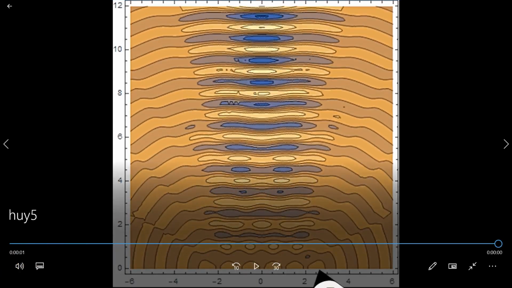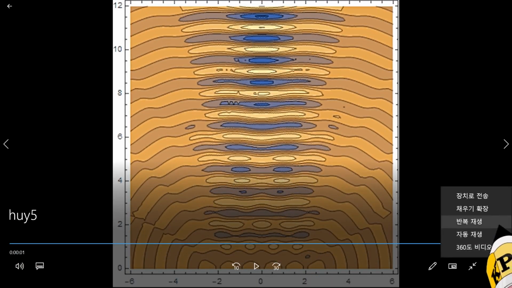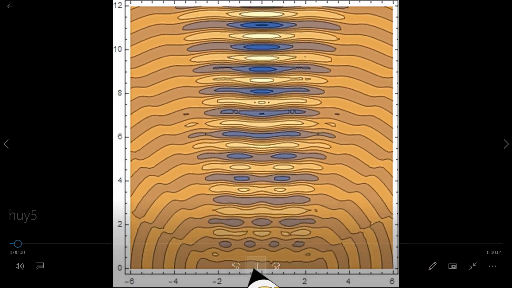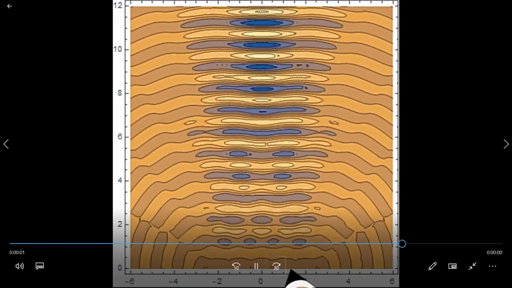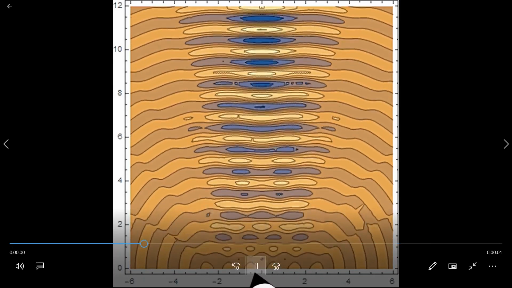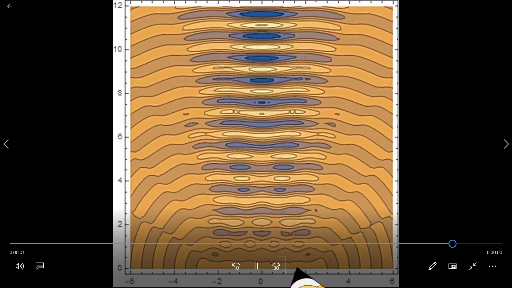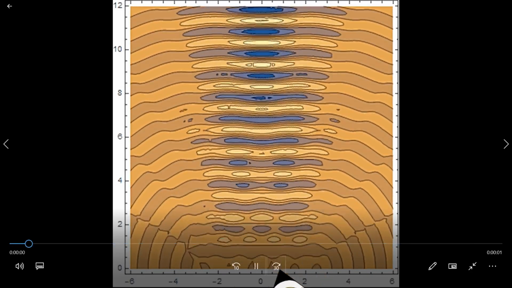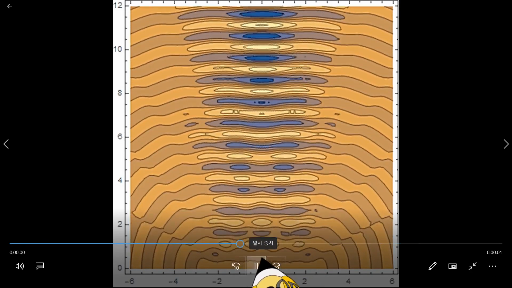you can see the hole is wider. Now, more or less 5 sources are seen: 1, 2, 3, 4, 5.